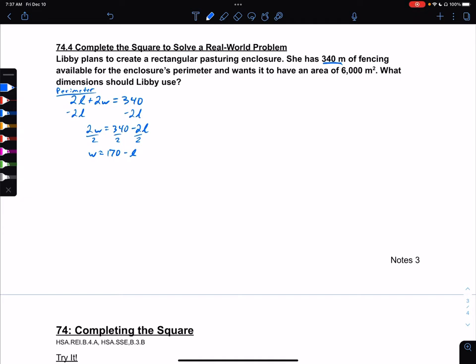Now we've exhausted our perimeter; we can't really do anything else with that. So let's look at the area. We know area is equal to length times width.